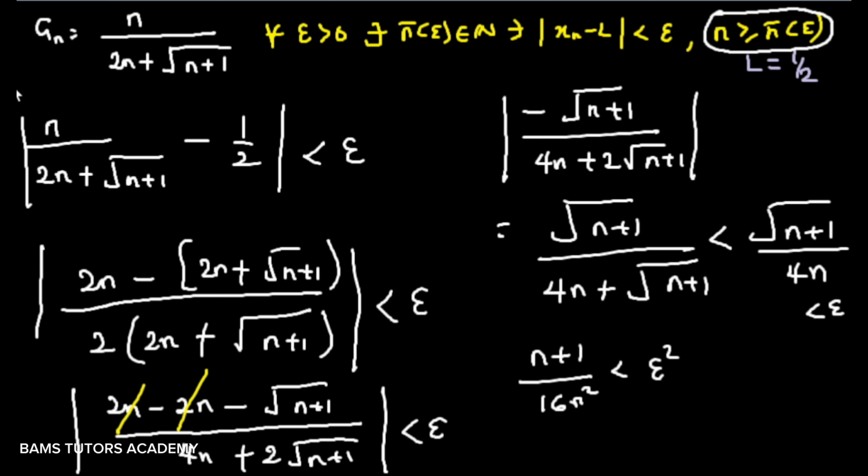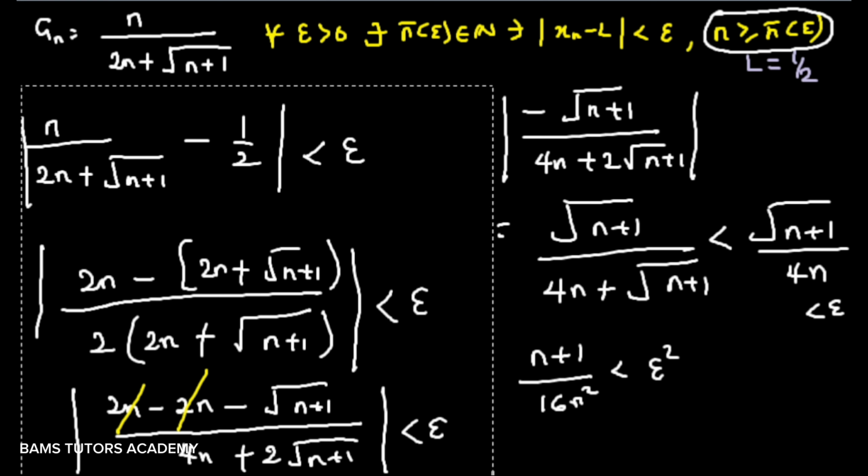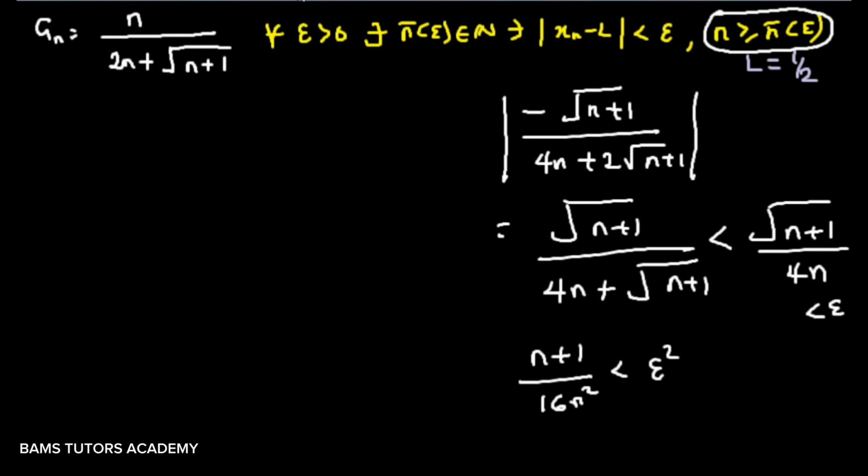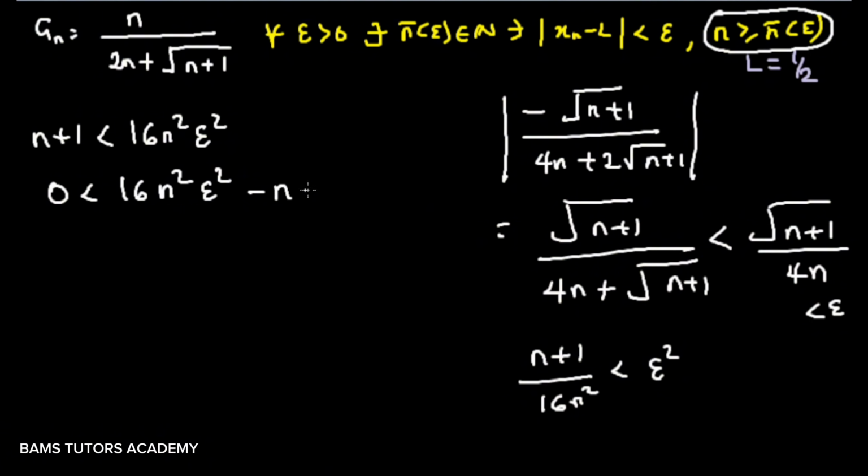So n plus 1 is less than 16n squared epsilon squared. So what if we say that 0 is less than 16n squared epsilon squared minus n minus 1? That is, 16 epsilon squared n squared minus n minus 1 is greater than 0.